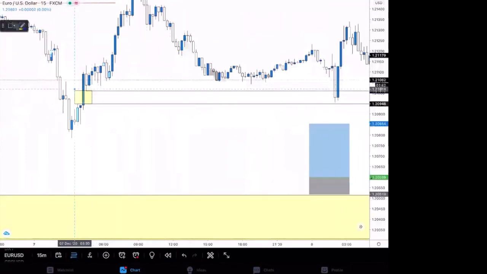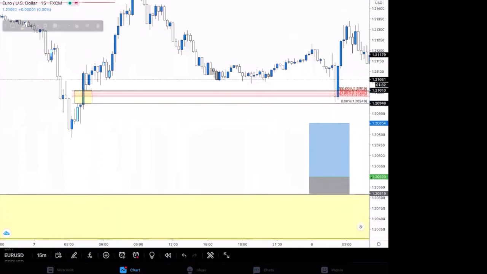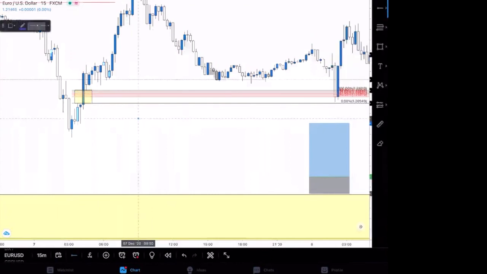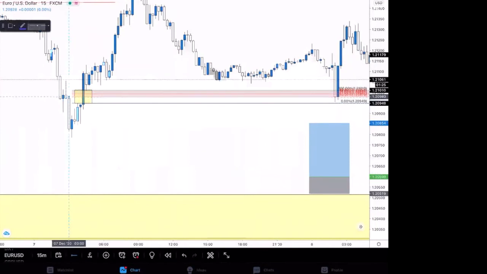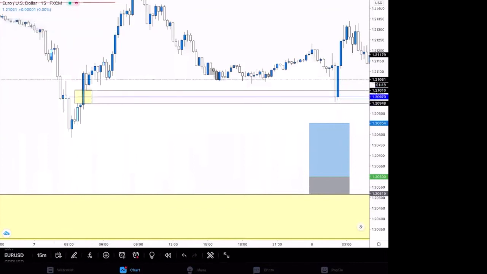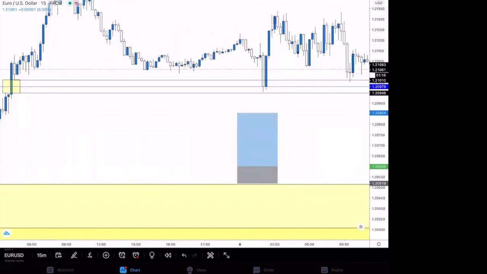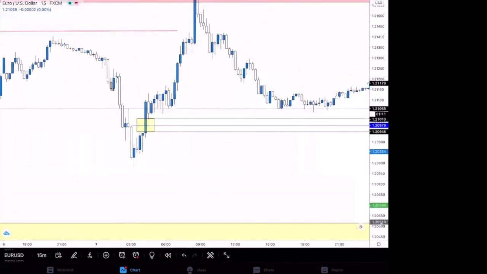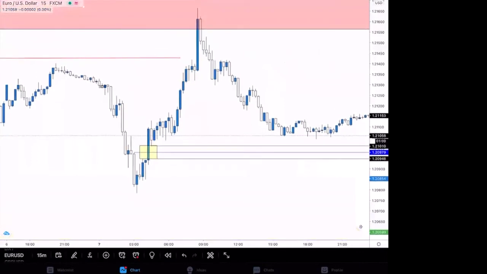But if we were to mark up the 50% of the imbalance, right, using the fib, use a horizontal ray, put that in the middle, delete the fib, right? So now look at that. None of the stuff on the left had happened yet. So we were waiting for this to get down to that area, right?